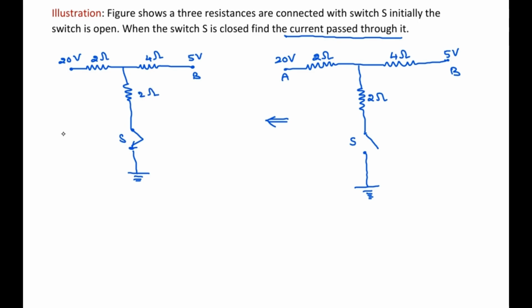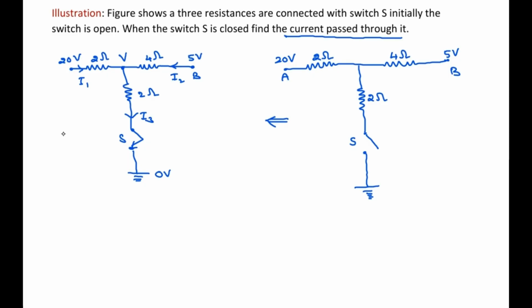When the switch is closed, the current will pass through the switch as well as the 2 ohm resistor, and this earthing means its potential will be 0 volt. We can take this common point as V and assume that the current passing from 20 volt is I1 and from 5 volt is I2 at point V. Both will combine together and pass through the switch as I3.